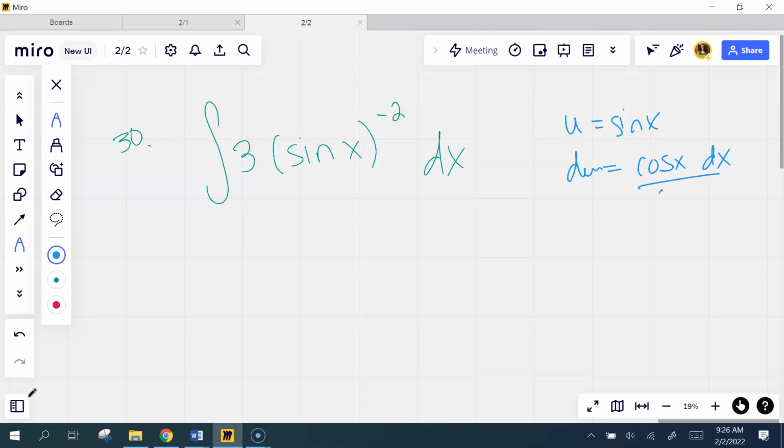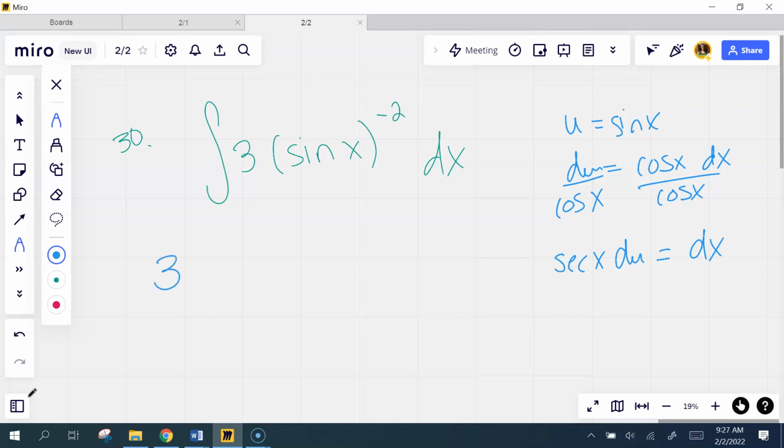Okay, so you're saying do this. I'm going to change this to secant x du. I don't know yet. I haven't worked it.